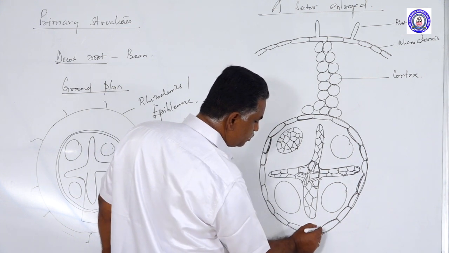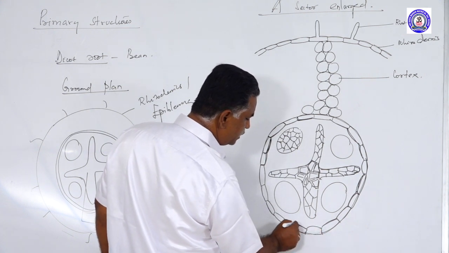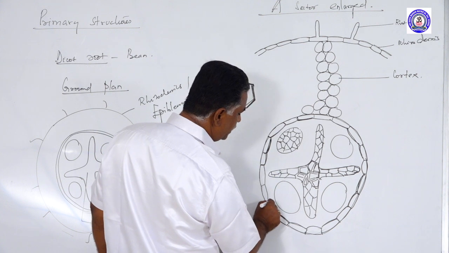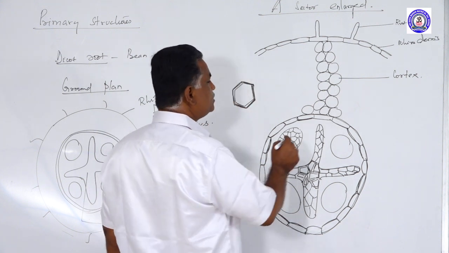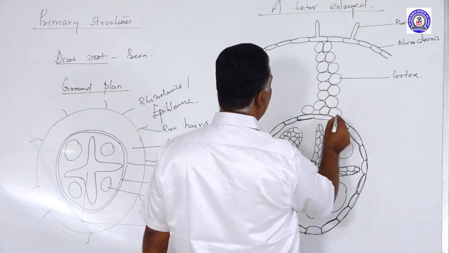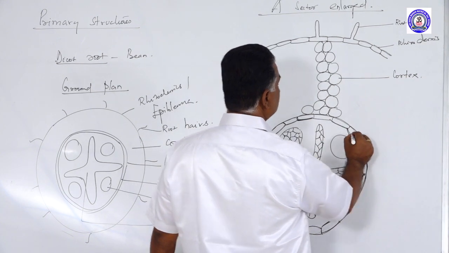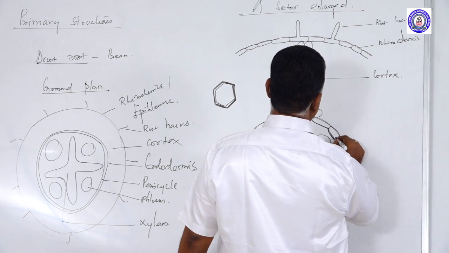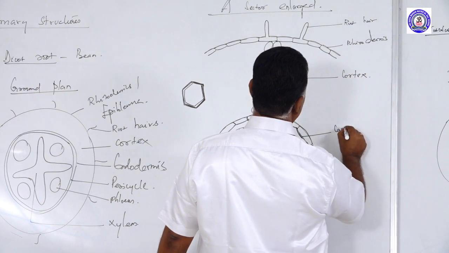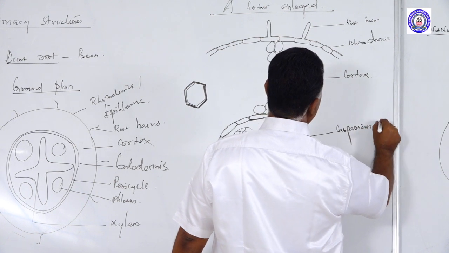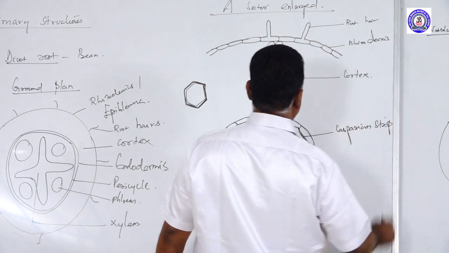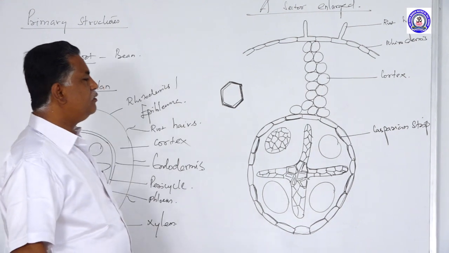Radial and transverse walls are thickened, and these thickenings are called Casparian strips. You see, this is a Casparian strip. What is the use of the Casparian strip?